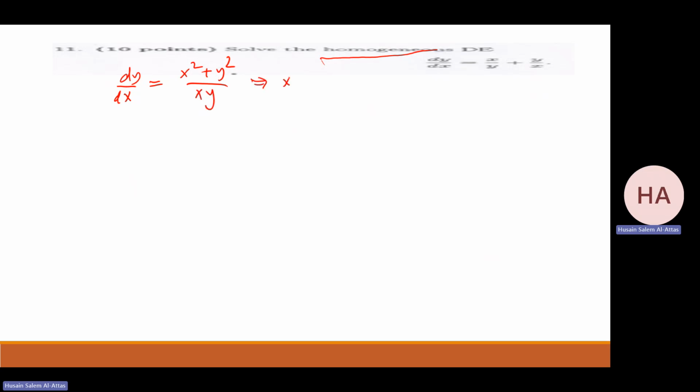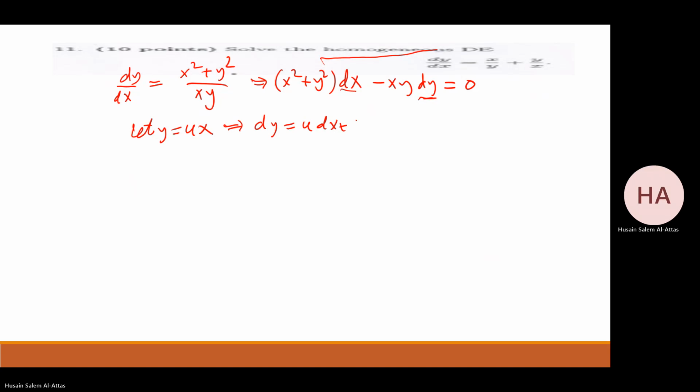So I have x squared plus y squared dx minus xy dy, that will be 0, which is very clear for me now. It's homogeneous. Now I let y equal ux. So I have only one product here, I will have two products. That implies dy is u dx plus x du.